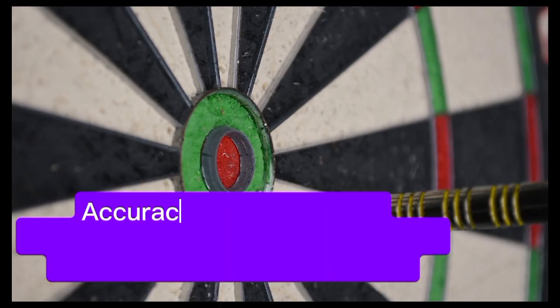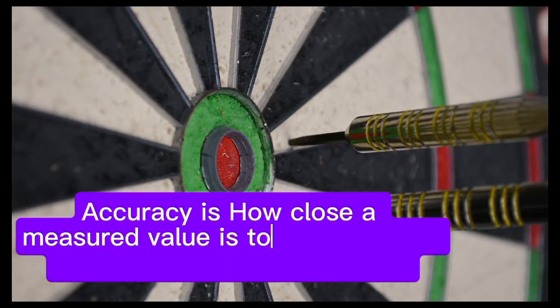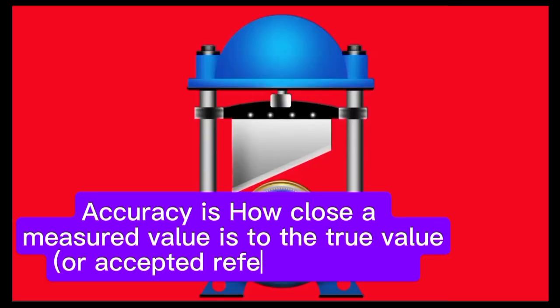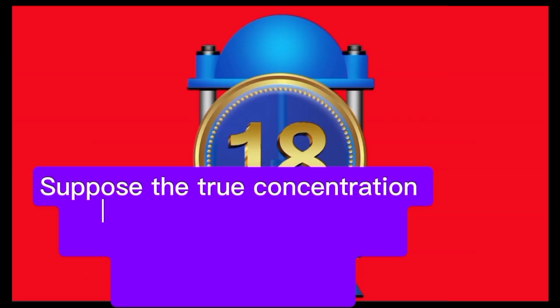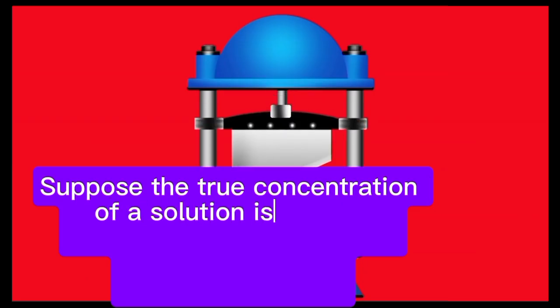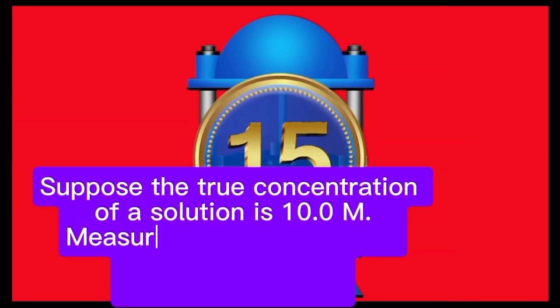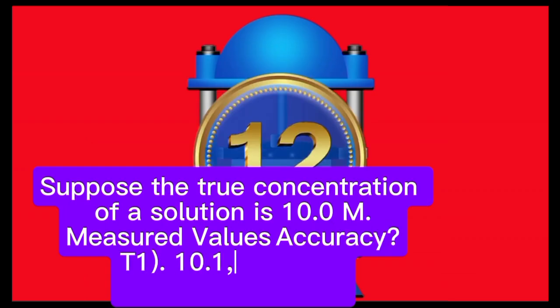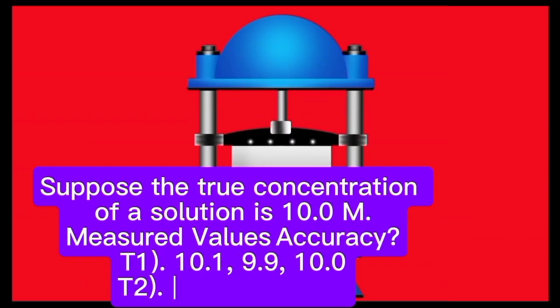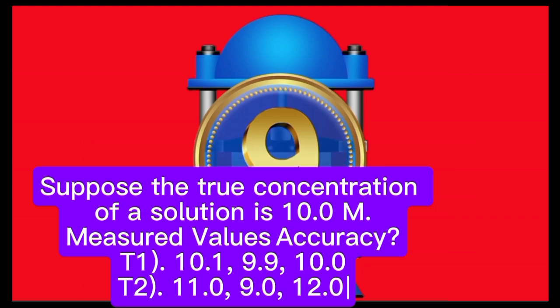The second point is accuracy: how close individual measurements are to the true or expected value. Consider the following two sets of measurements. Suppose the true concentration of the solution is 10 molar. The first set is 10.1, 9.9, 10, and the second set is 11, 9.0, and 12.